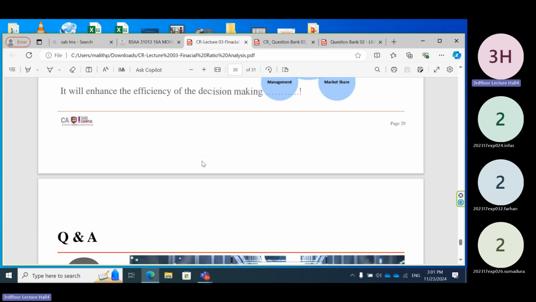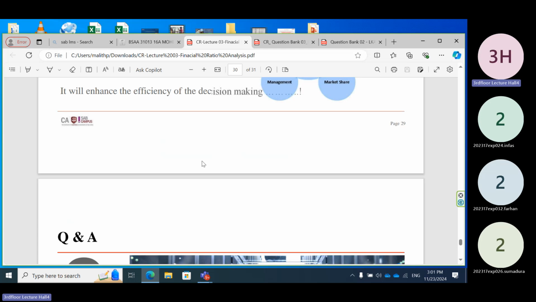So then we'll discuss that definitely next week. Half an hour, we can discuss all those techniques and we can close the area number 3. So the area number 3 is all about financial analysis and the interpretation plus communication.